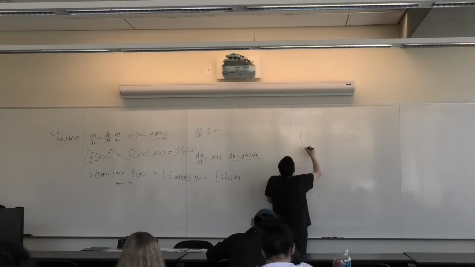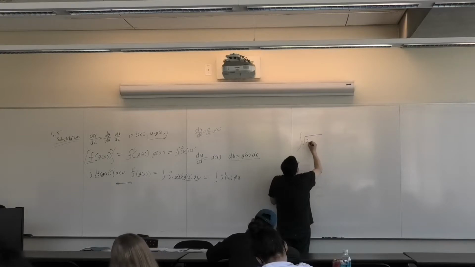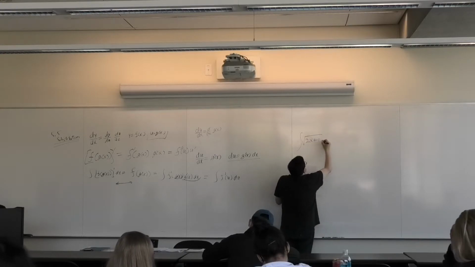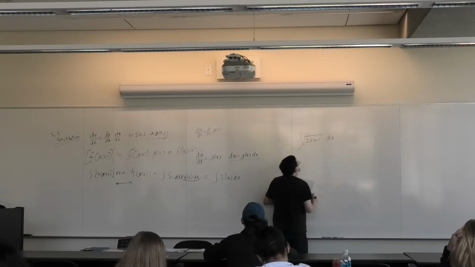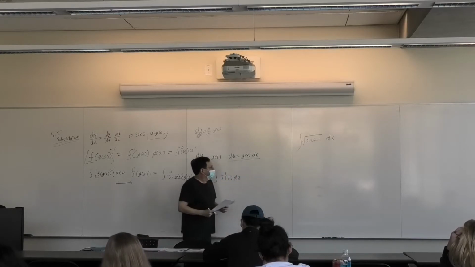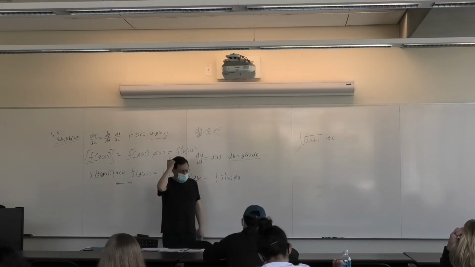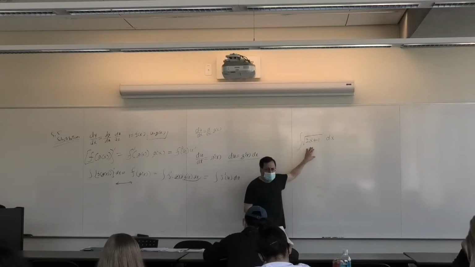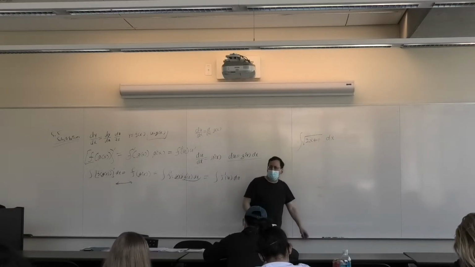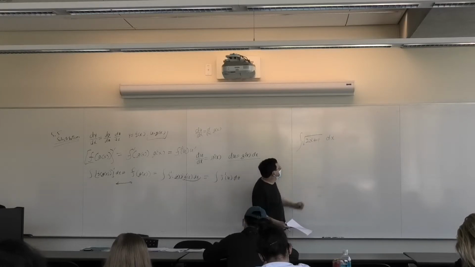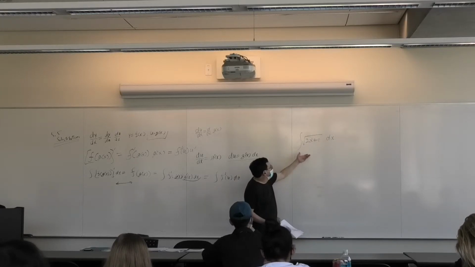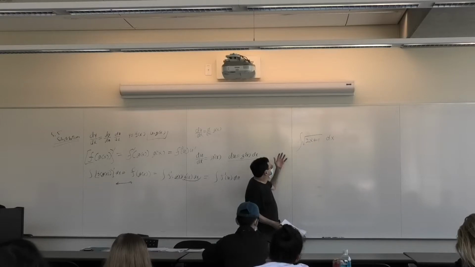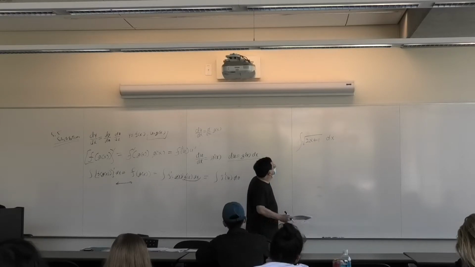So let's do a real example and see how this actually works. Take the integral of the square root of 2x plus 1 dx. You think, okay, I don't really know how to do this. We don't have a power law, or some rule that explains how we go about this.